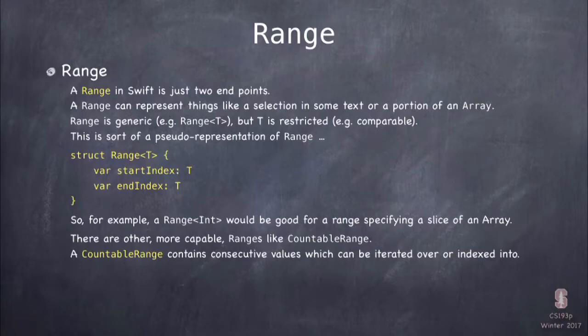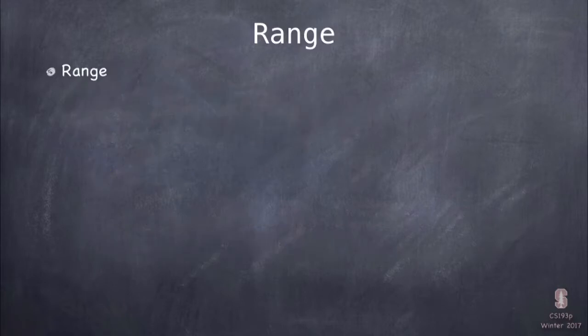Okay? It's like a range of ints. A countable range means the begin point and end point and 1 point each. Now, as you stride through that range, it depends on what the type is. Okay, striding through a range of ints is different than striding through a range of floats, okay, or striding through a range of strings. So it's a little difference there, and we'll talk about that in a minute.